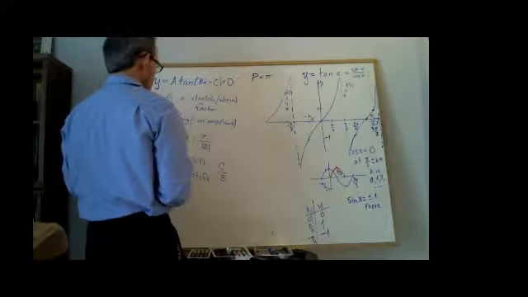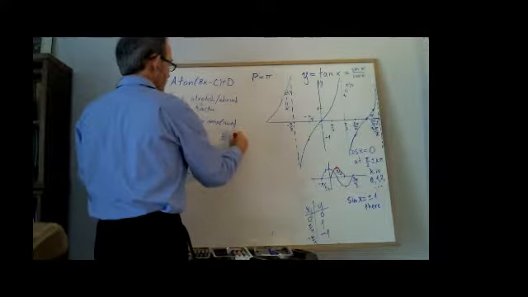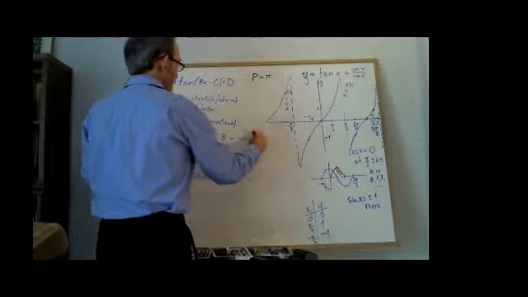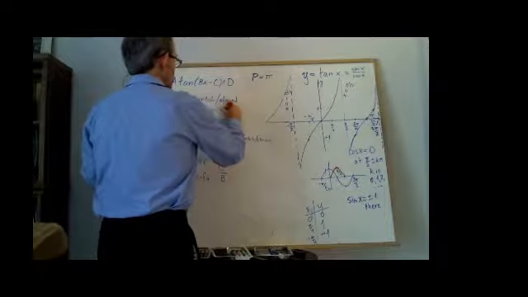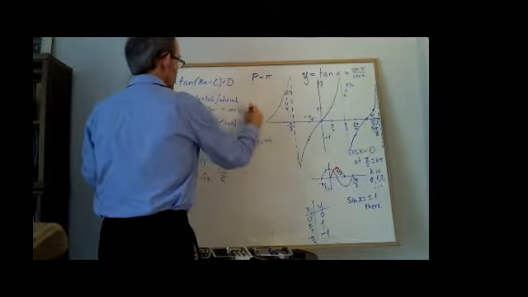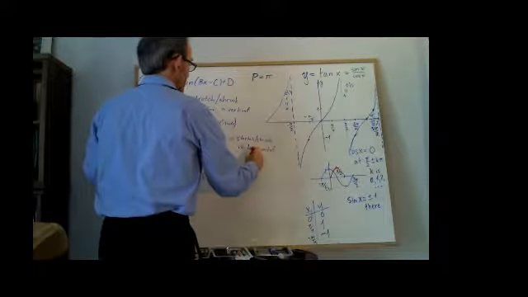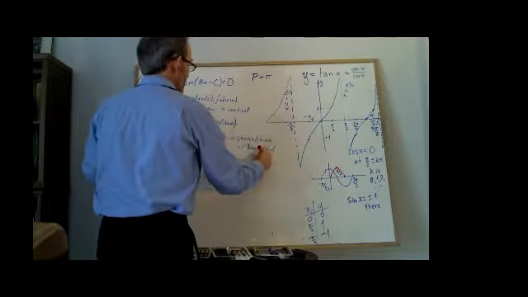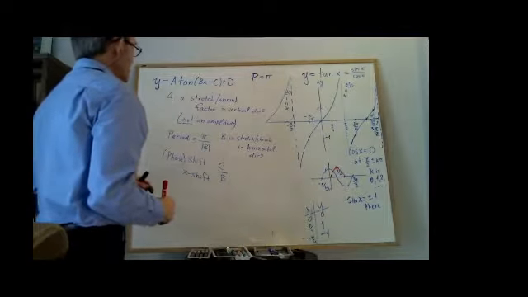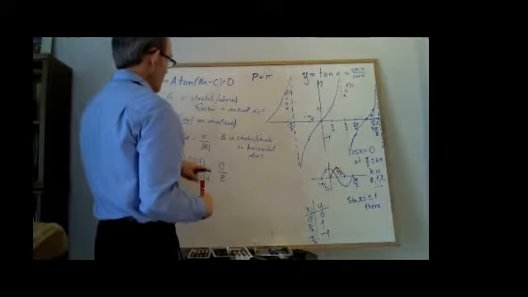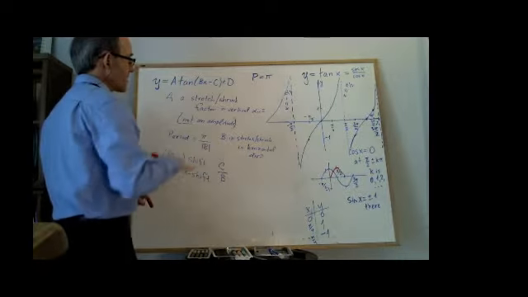Okay, so B is a stretching or shrinking in the horizontal direction. This is in the vertical direction for A, and then this is the horizontal direction for B. And C over B can be thought of as the shift in the horizontal direction, or the x direction.